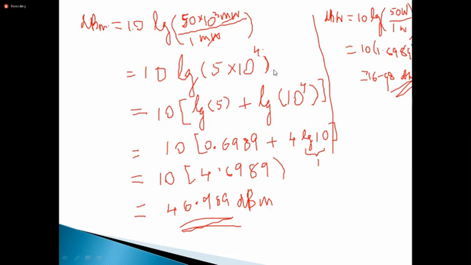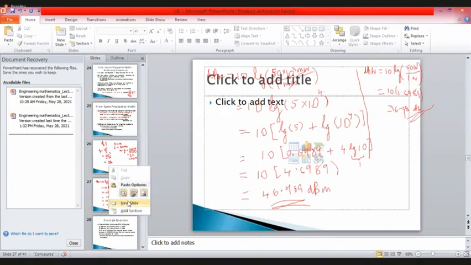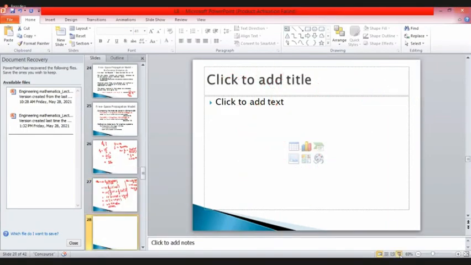Then write down, assume unity gain for receiver antenna.